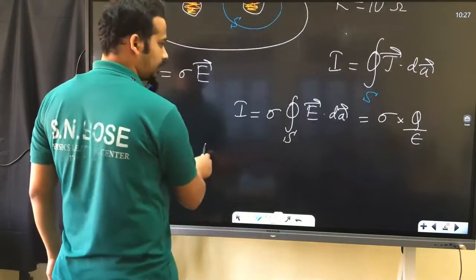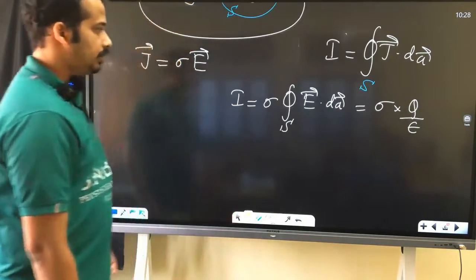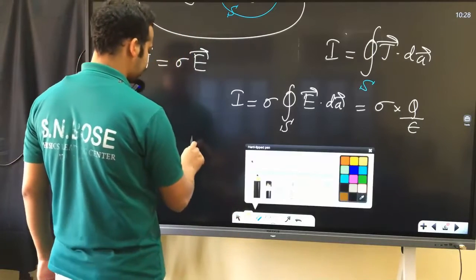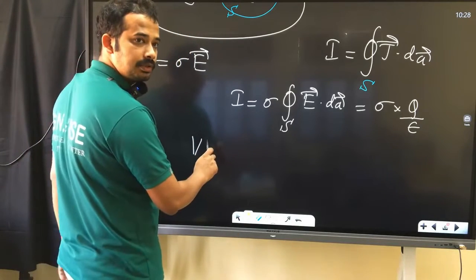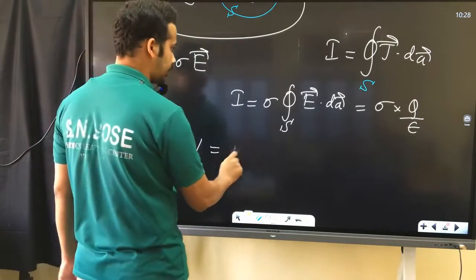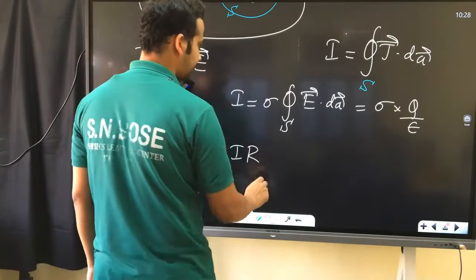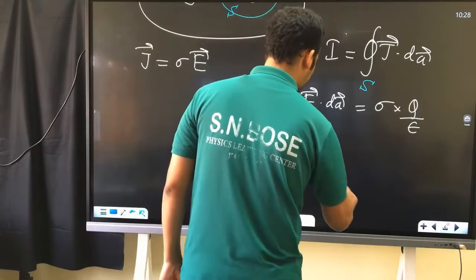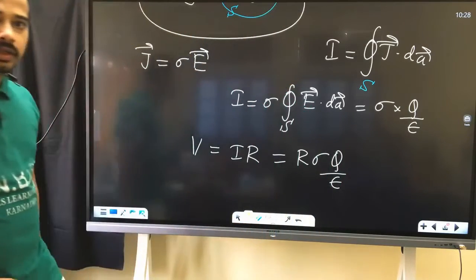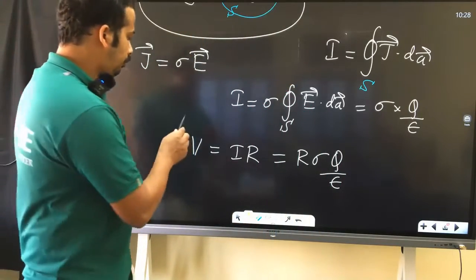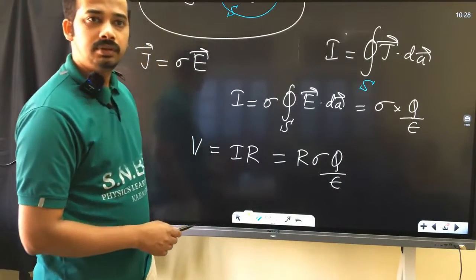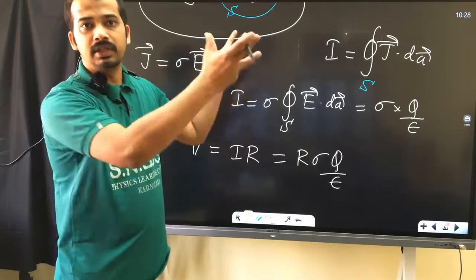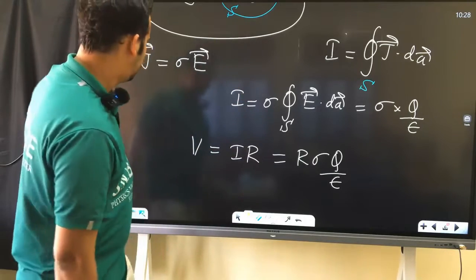Now again, I into R is nothing but voltage. The potential difference between them is nothing but I into R, that is equal to R sigma Q by epsilon. If you know the potential difference, and the charge on each conductor for any geometrical configuration, how do you write it?